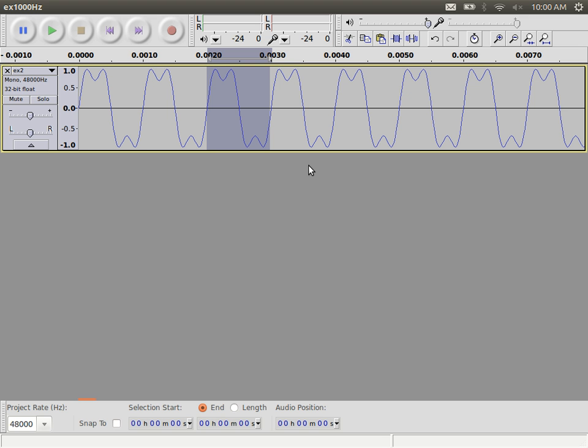What if we used a different signal, signal B? What are the characteristics of that?